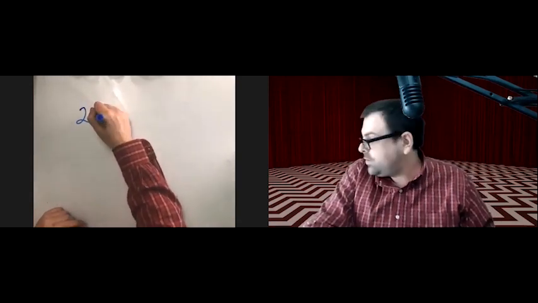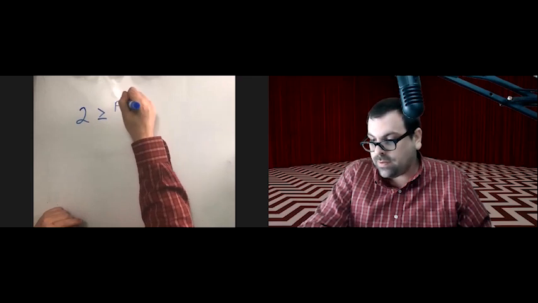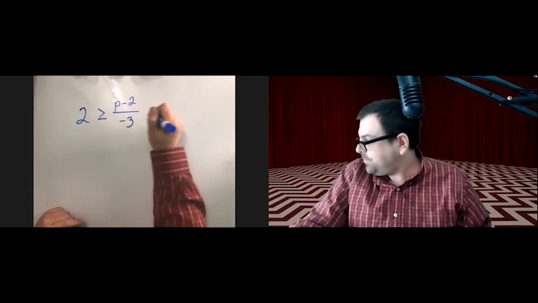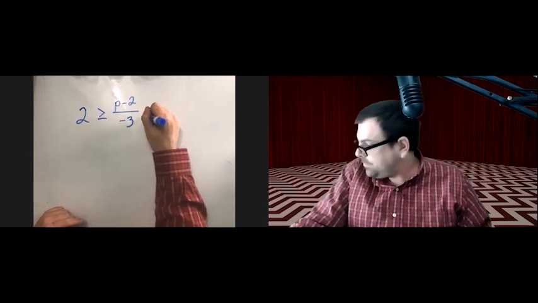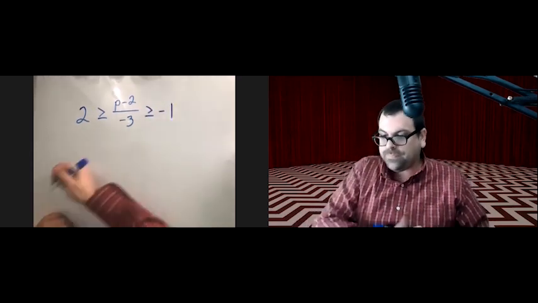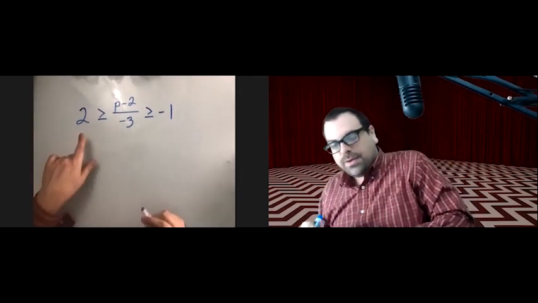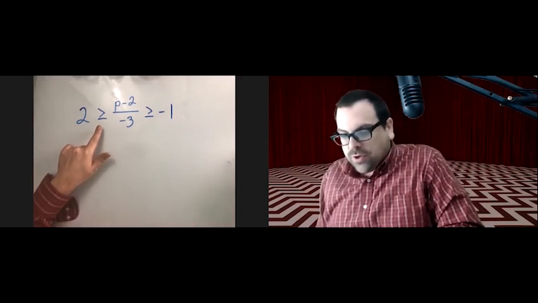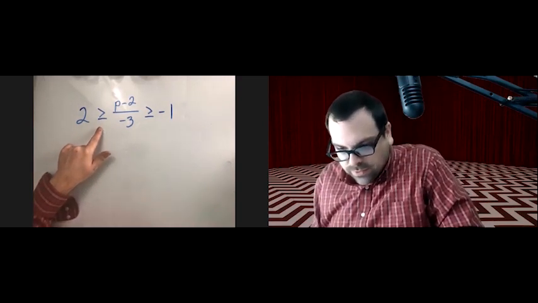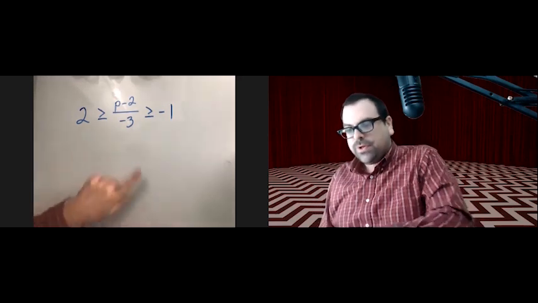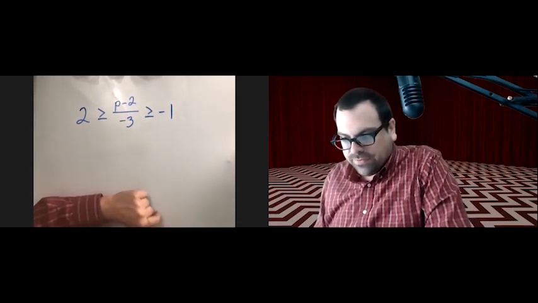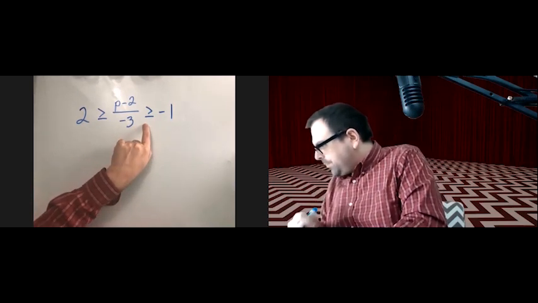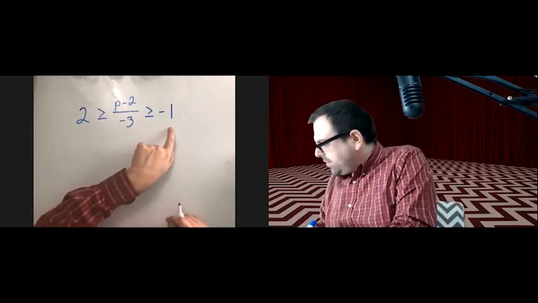Fraction. 2 is greater than or equal to p minus 2 over -3 is greater than or equal to -1.